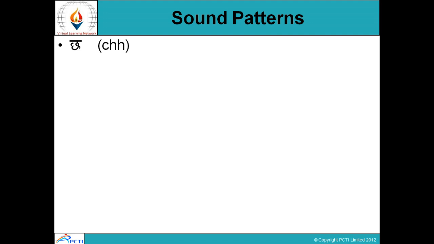So we learn more consonants here and their sound patterns, as we have 44 letters in the Hindi alphabet. So few more sounds and their patterns we are going to learn in this session. So let us start with the first one here.